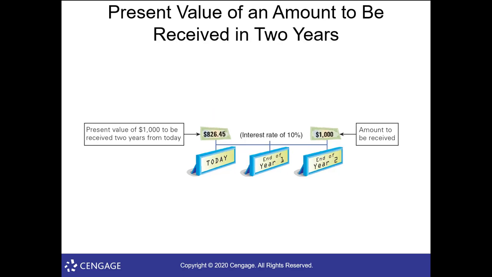In 2 years' time, it's $826.45, because you'll make $82.65 initially. That will bring you to $909.09, and then another year brings you to the $1,000.